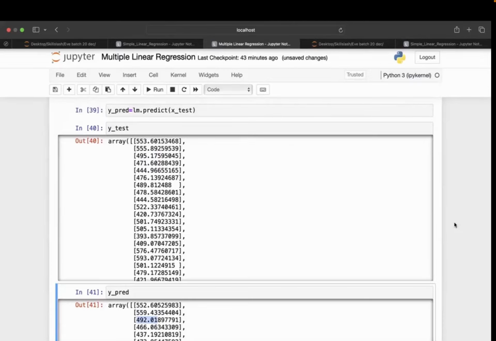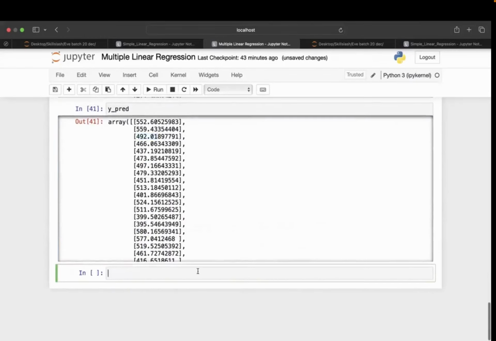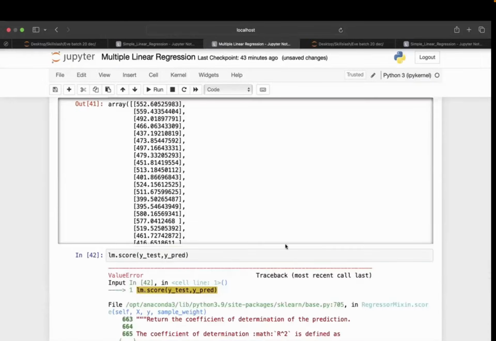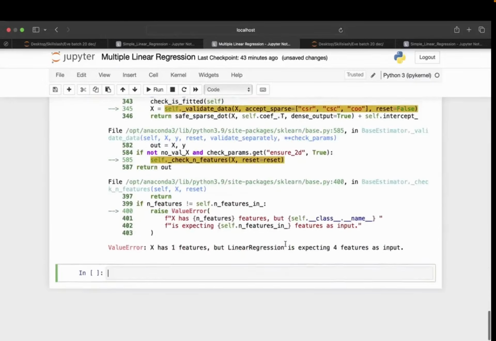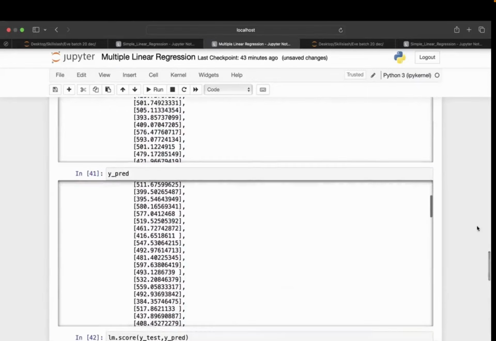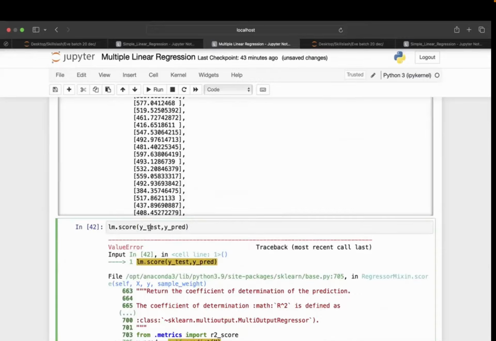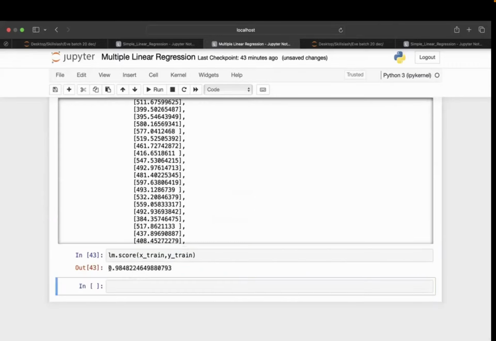Okay. Now, if you want to plot the graph, you can plot the graph. And if you want to see the score, if you guys remember, lm dot score, which you were using with X train and Y train yesterday. X train, Y train. I'm saying it but writing it wrong. Okay, you can see somewhere near about 98.48. Okay, still we are having some issues with the model.